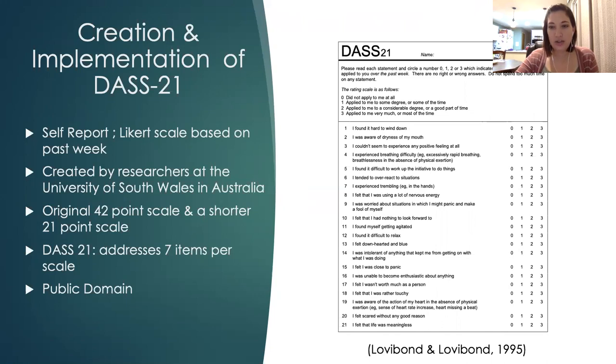The anxiety scale evaluates autonomic arousal, skeletal muscle effects, situational anxiety, and subjective anxiety responses. The stress scale assesses levels of chronic nonspecific arousal, such as difficulty relaxing, nervous arousal, and being easily upset and impatient. The long and short version of the assessment are public domain and may be downloaded for free at the University of South Wales website listed on the last slide.